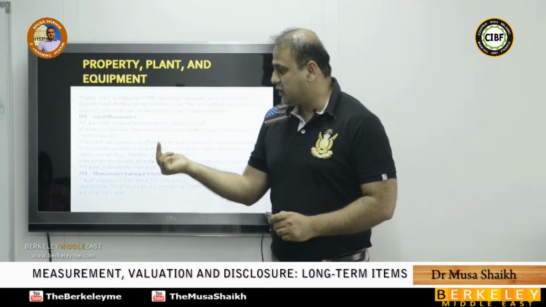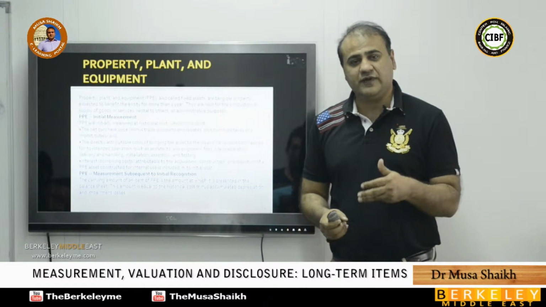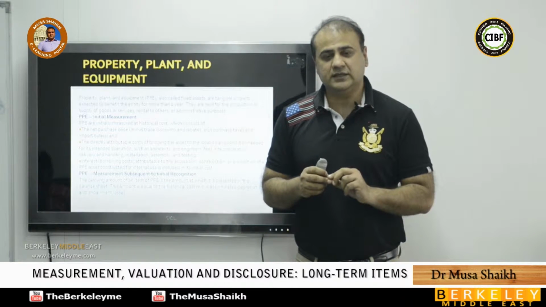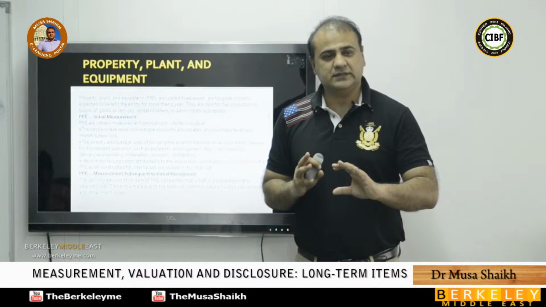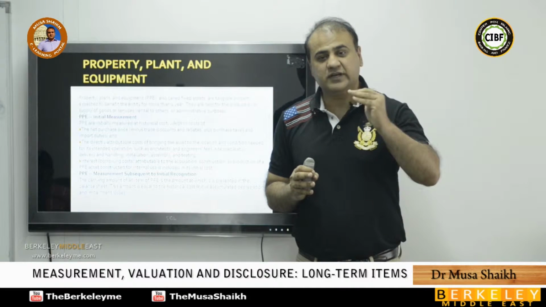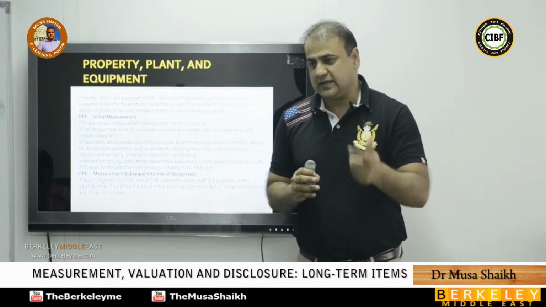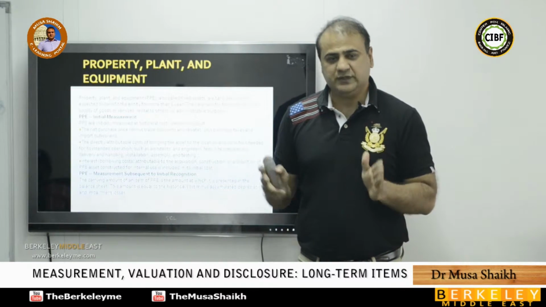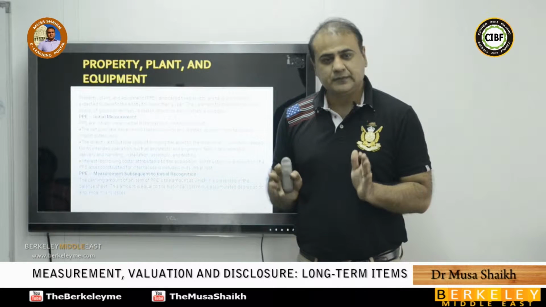And what will it include? When we say cost of an asset, ideally the cost of an asset is every expense that we incur to bring this asset into a workable condition. For example, I bought something from the US, and it has to be installed in the UAE.